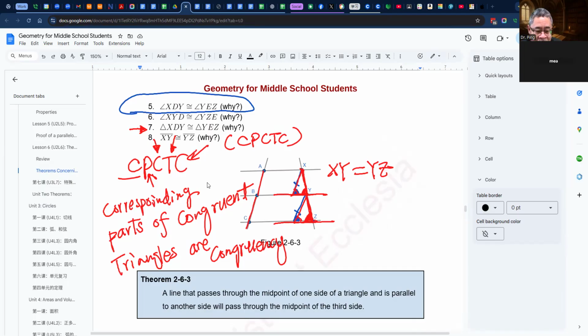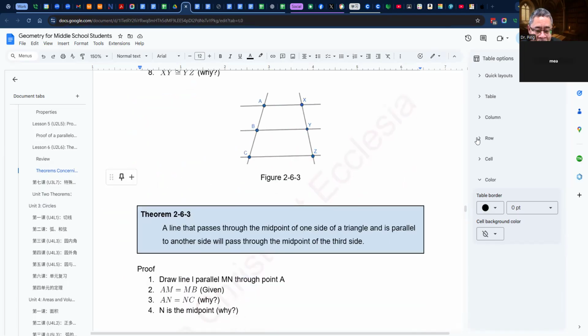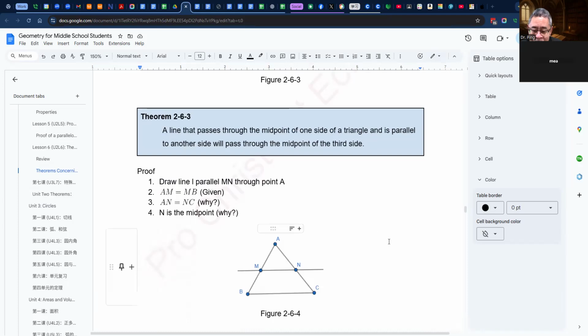All right, so let's look at the next theorem. This is actually pretty straightforward because we had the previous theorem. Theorem 2-6-3: a line passing through the midpoint of one side, this side, M, and parallel to the other side, so it's parallel to this side, will pass through the midpoint of the third side.